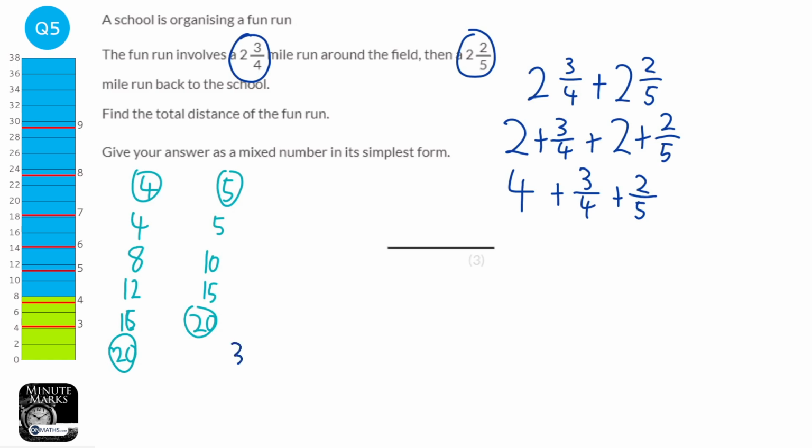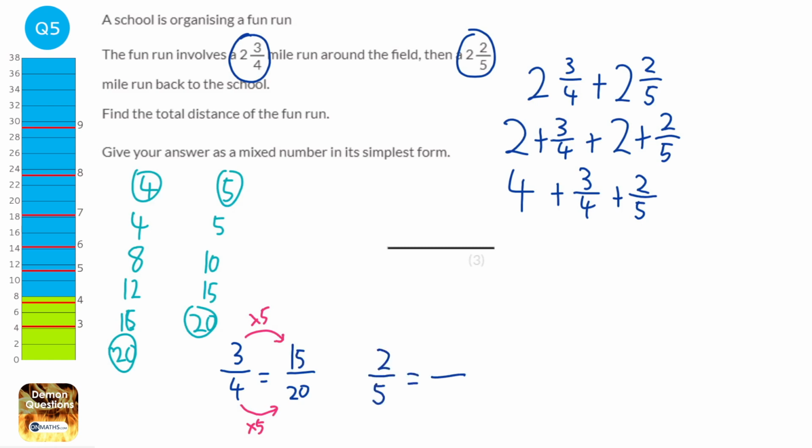Now for 3/4, to get the bottom to equal 20, we need to times the 4 by 5. And whatever you do to the bottom, you've got to do to the top, so times that by 5 as well, which will be 15. And for 2/5, we'll get that bottom to 20, so we times that by 4.